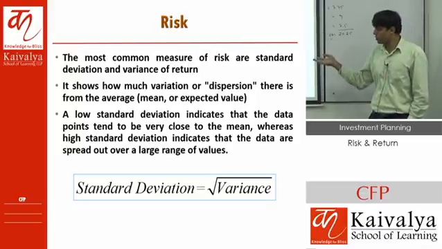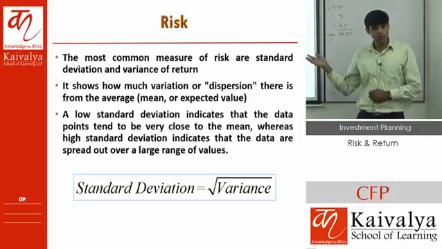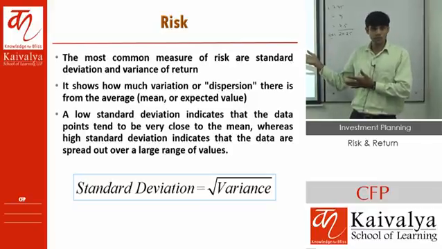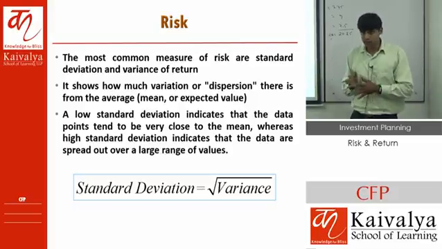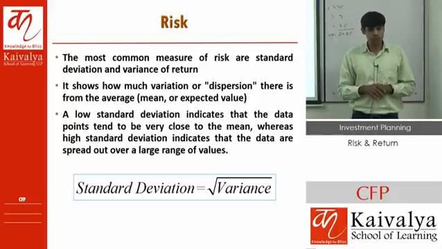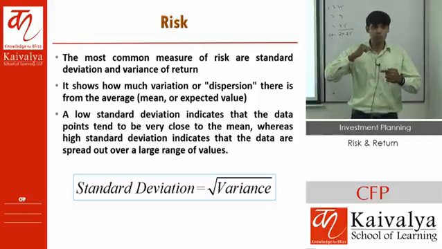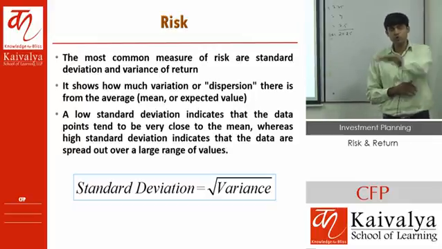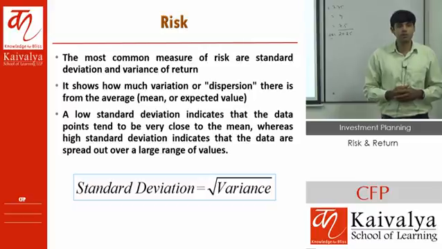So this is purely a UG level calculation, and nowadays it starts at school level, how to calculate standard deviation. So probably at our level, earlier examinations of CFP in year 2007-8, they used to ask such questions, but when they completely revamped the curriculum in 2012, they brought this curriculum at par with global curriculum.